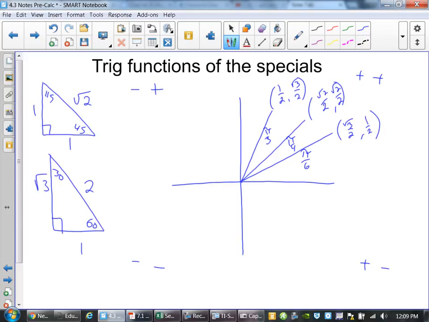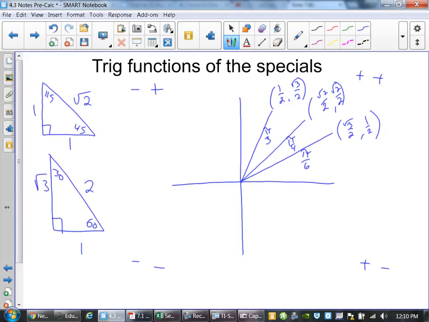Okay. So as you go into these, if we want to look at a specific example, like the secant of pi over 4. If I want to do the secant of pi over 4, well, pi over 4 is which angle? 45. Secant is the inverse of which trig function? Cosine. So what's the cosine at pi over 4? You just flip, right.